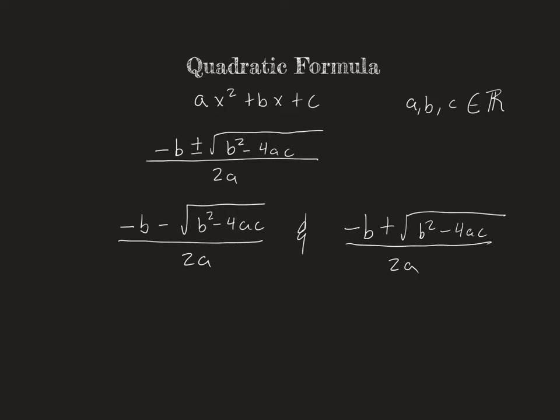Now, instead of memorizing these two, we use negative b plus or minus the square root of b squared minus 4ac all over 2a.